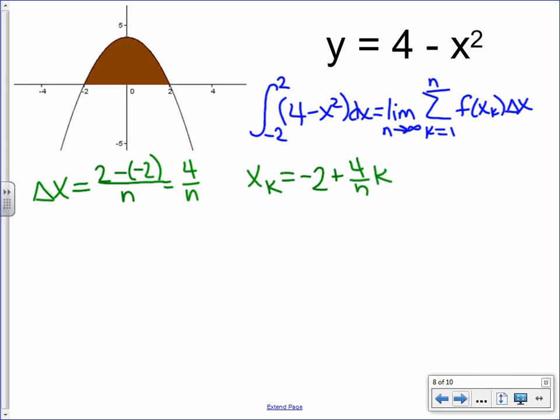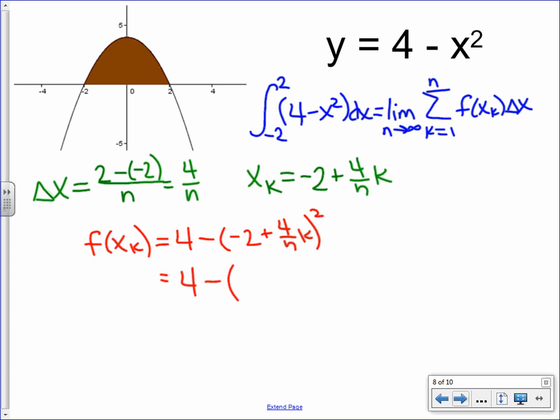Okay, now before we get into our summation, inside of our summation we need f of x of k. So we plug that in. That means we have to plug this in to here, which means we're going to have to be careful with our algebra. So we have 4 minus the quantity, when we take this binomial squared, we first get 4.